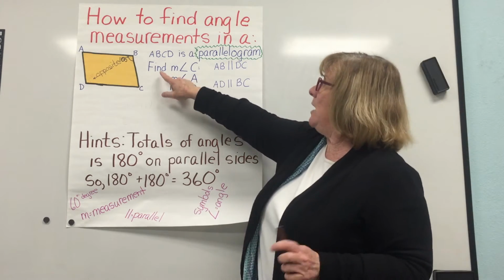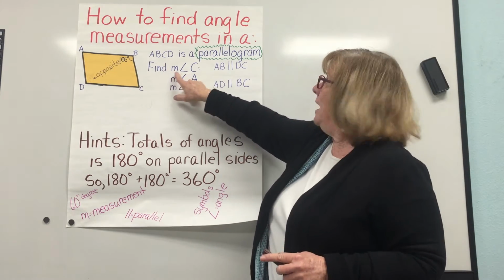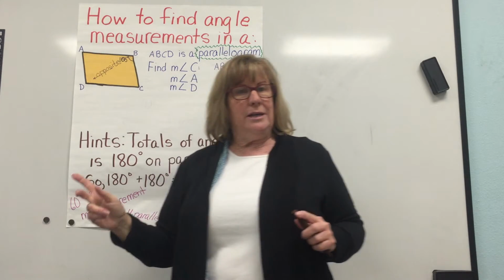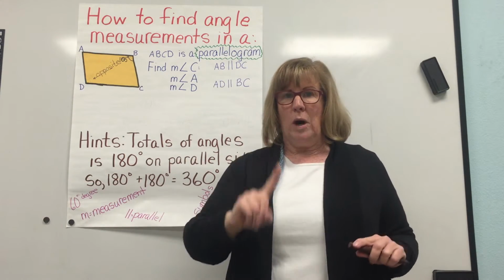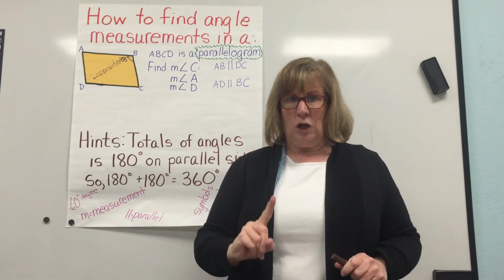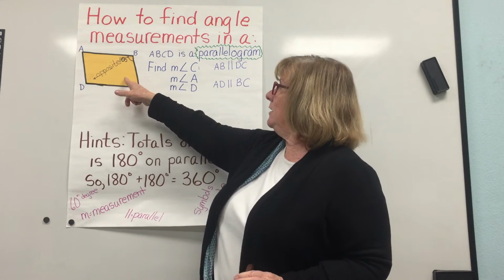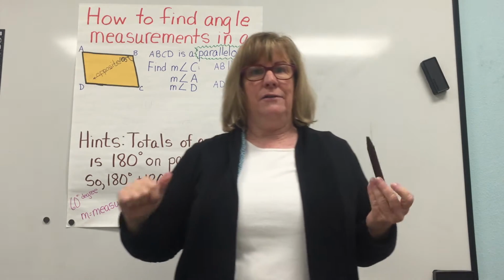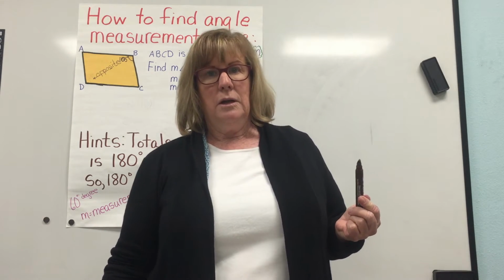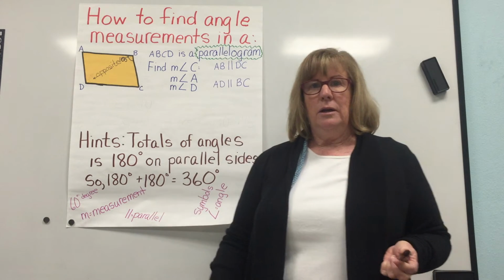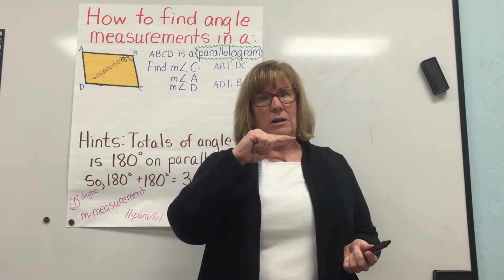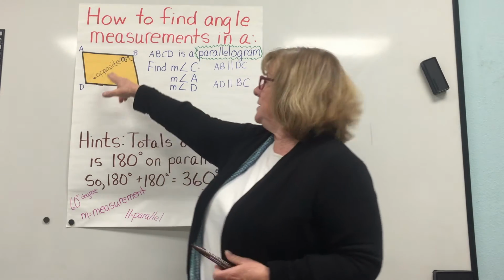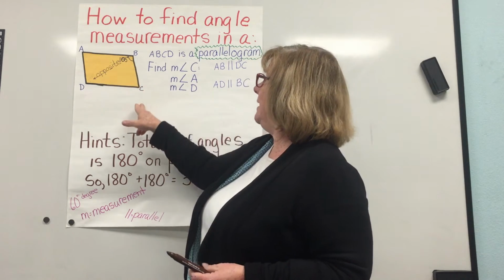So we want to find out what is the measurement of angle C. So what it's doing is giving us the measurement for one angle first. In this particular case, angle B is 105 degrees. If you remember, we have acute angles, we have a right angle, and we have obtuse angles. So this is what's called an obtuse angle.